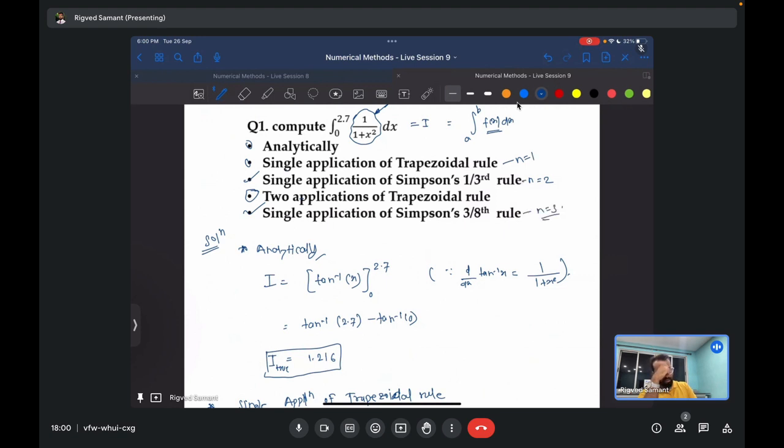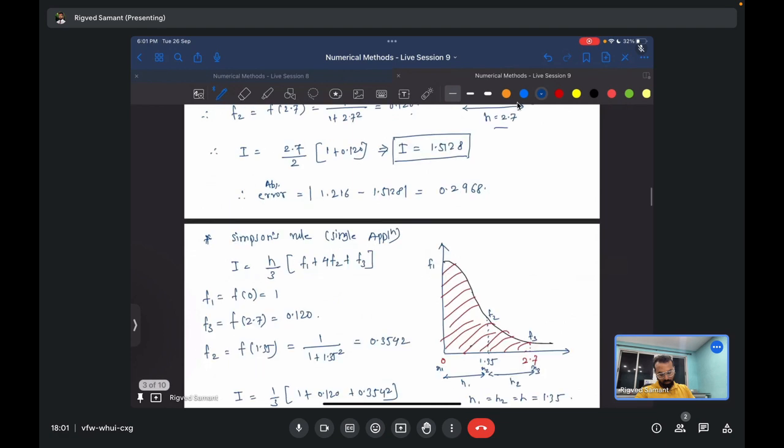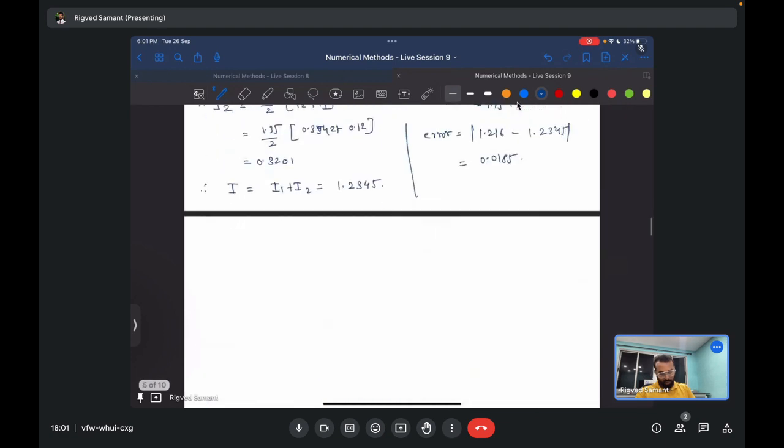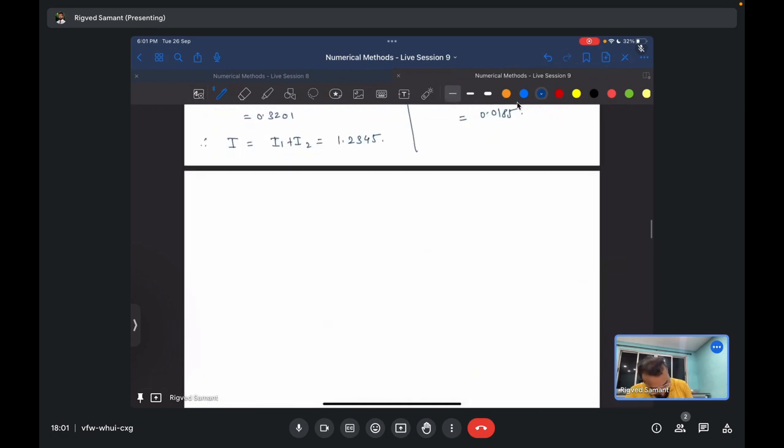So you need 3 intervals. 3 intervals from 0 to 2.7 means each interval of 0.9, right? 0.9 plus 0.9 plus 0.9. So your h would be 0.9 in this case. Again the logic is the same for the 3/8 rule, single application, right?